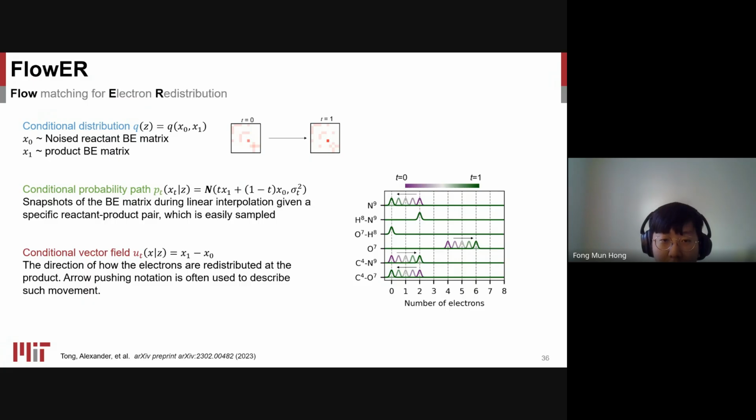The conditional probability path is just a linear interpolation that goes from the reactant to the product. And then the vector field is just the difference between them, so that it remains a gradient that pushes you towards the target distribution that you want.